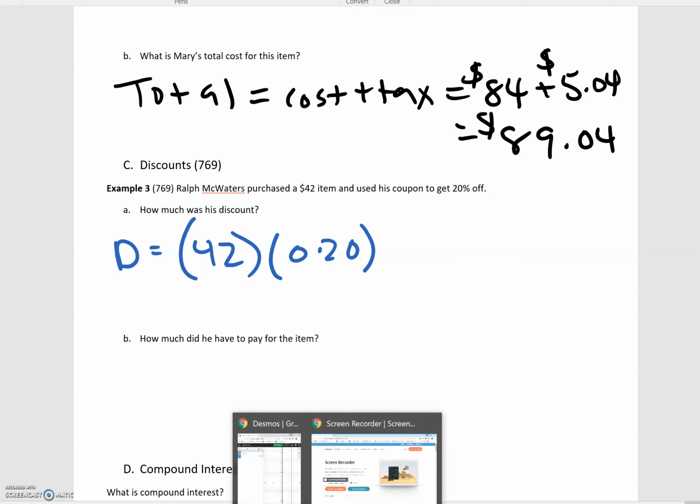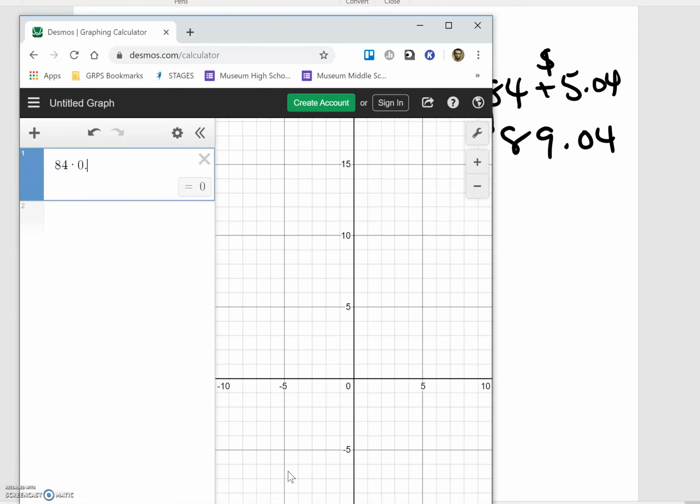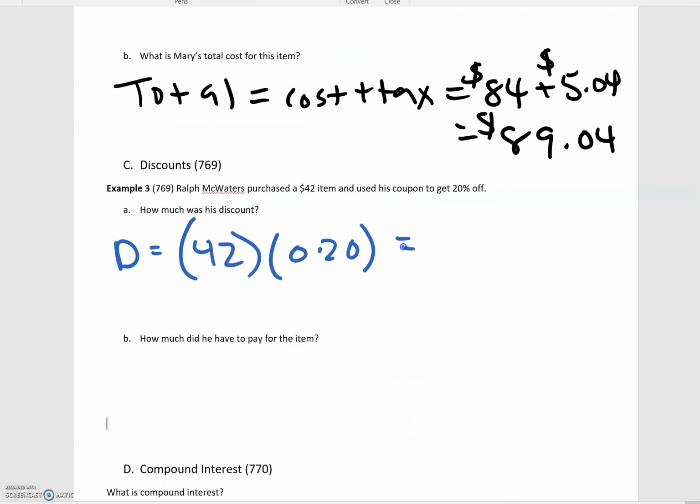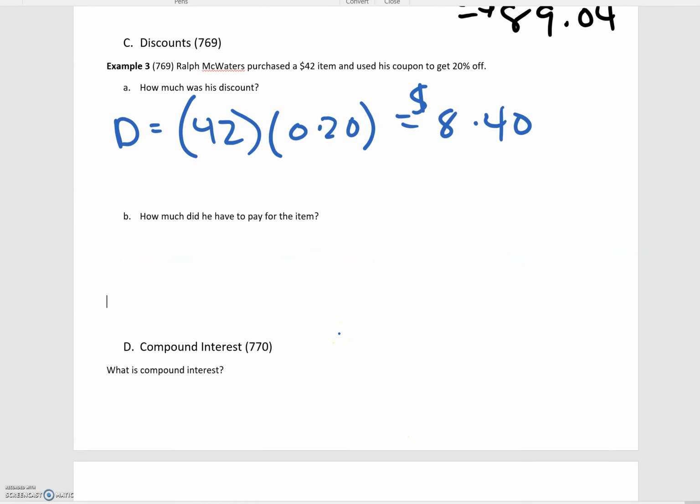So $42 times 20% is $8.40. To figure out the price that Mr. McWaters is going to be paying, we would take the original. So how much did he have to pay?